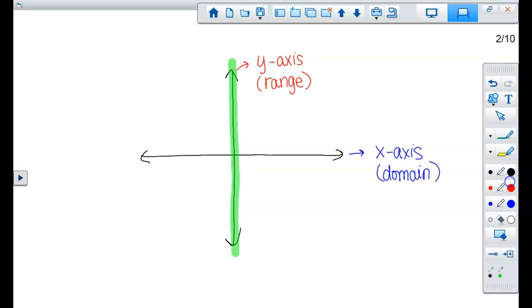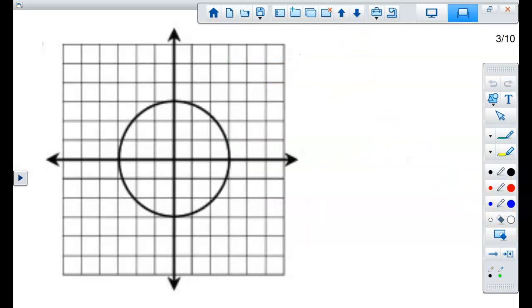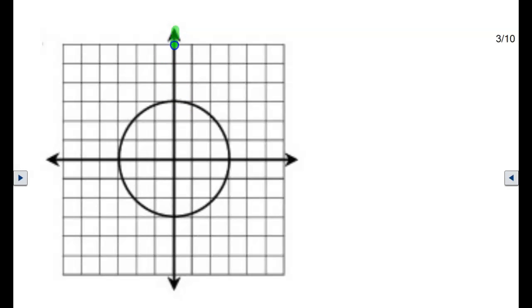Now, for the examples today, I'm going to use the same graphs that I used yesterday to demonstrate domain. And we're going to use a similar type of strategy. We're still going to be tracing these points back to where they came from. But this time around, we are going to be tracing all of our points back to this y-axis.